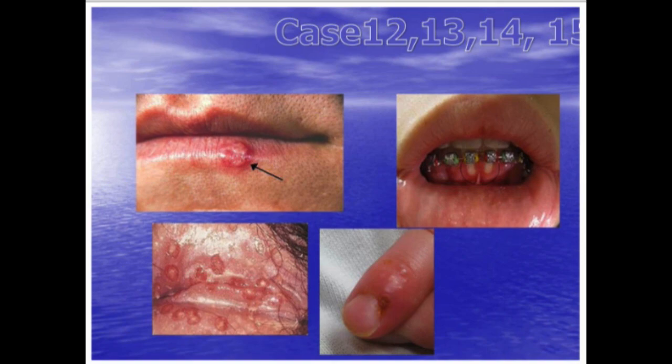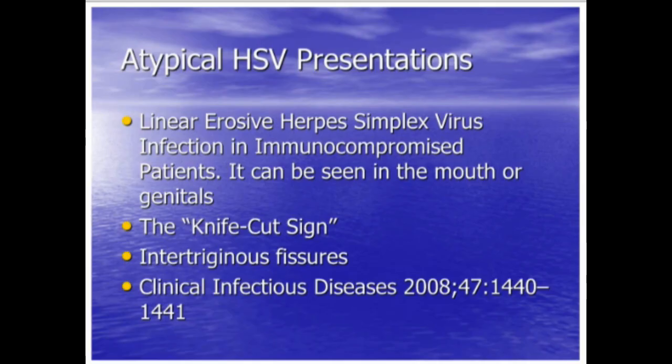Remember herpes gladiatorum, which occurs in patients who play contact sports, and they can have herpetic lesions on the chest, neck, and face just because of the contact. Remember your atypical presentations of HSV, which is a linear erosive herpes, or the necrotizing form classically seen between the buttocks that is recurrent.